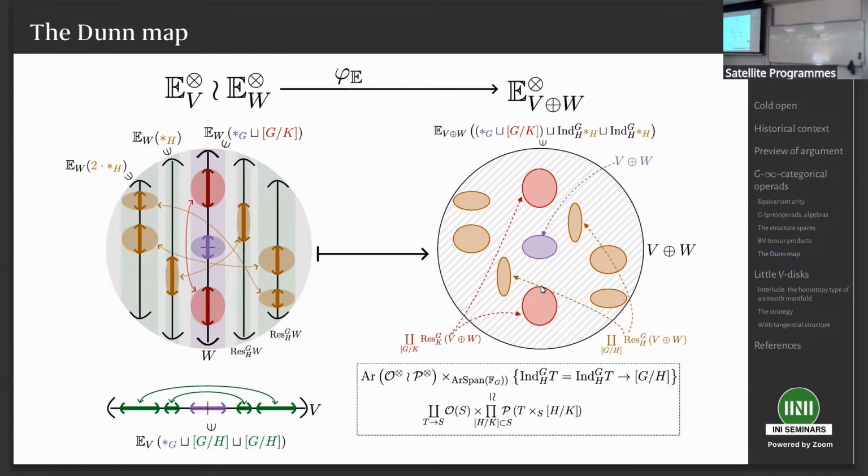You recognize that the disk in V times the disk in W is diffeomorphic to the disk in V direct sum W, and you use that to represent those elements of the Reedy product as just living in V direct sum W, and forget how you got there.